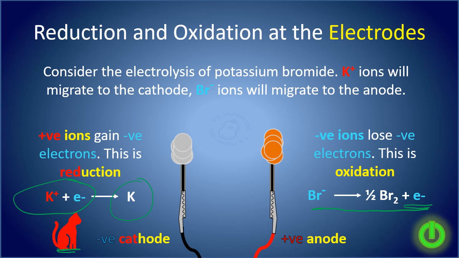We don't say Br minus an electron. We just kick it out the other side. It's easier to remember. The only other thing is that from one bromide ion, we would only be able to form half a bromine molecule, the Br2. So half of Br2 would just be the Br atom. And we can talk about that again in a bit more detail later on.